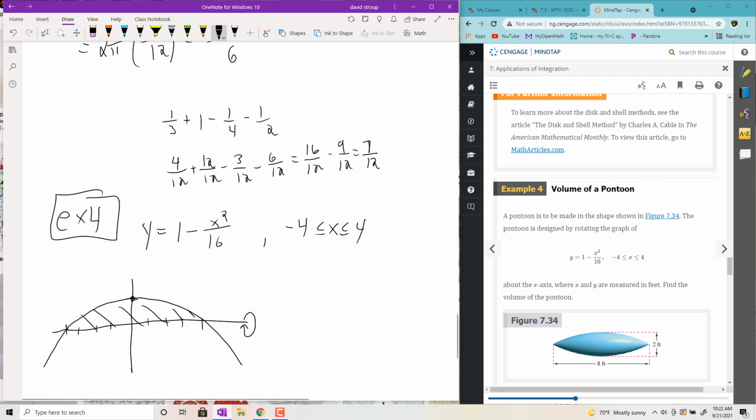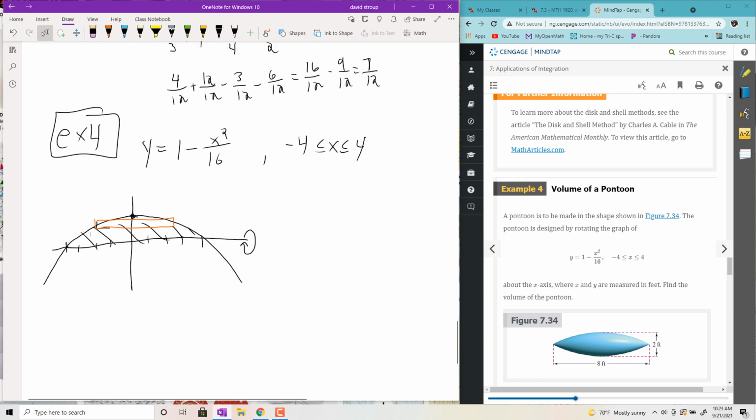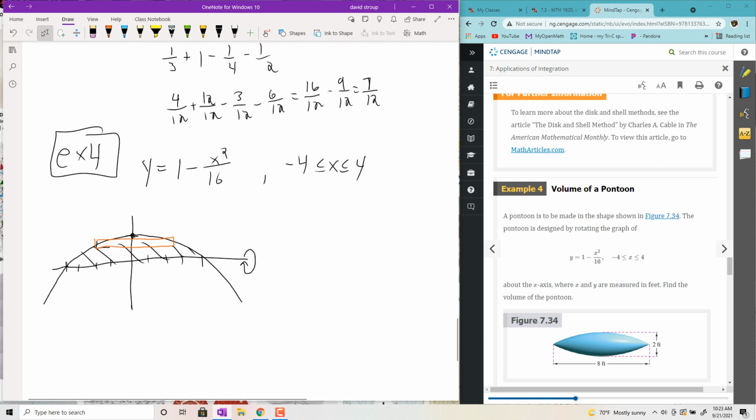Again, shells are parallel. So this is kind of a bummer, because it looks like we're going to have to maybe do some trickery to get the answer. One way to do it is to cut it in half and just integrate from, so my Riemann man is going in this direction. So you see there's kind of an issue there. He's going from 0 to 1.